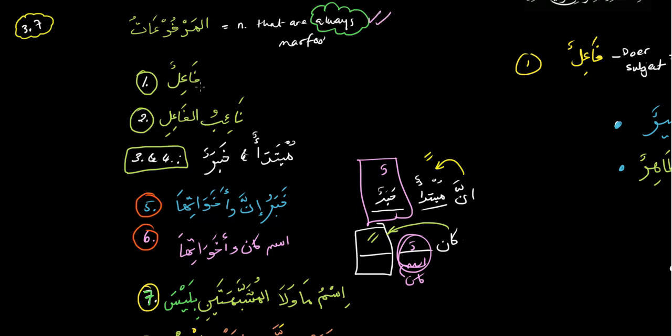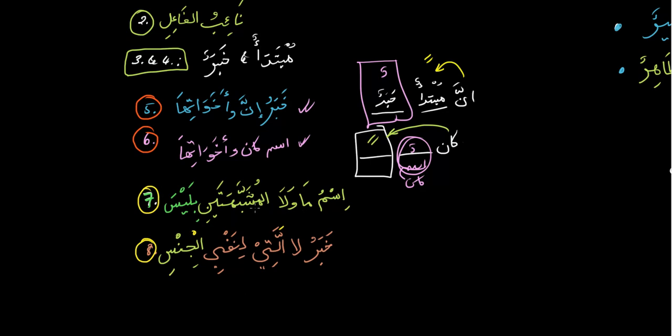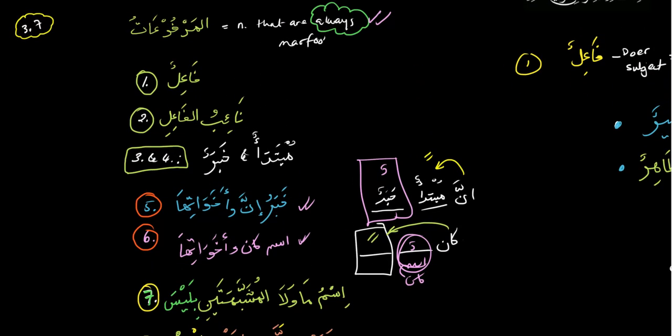Among them are fa'il, na'ib fa'il, mubtada and khabar, khabar inna wa akhawatuha and ismu kana wa akhawatuha, which we talked about in the previous chapters. And then ismu ma wala mushabbahataini bilaysa, and khabaru la allati li naf'il jinsi. This is what we're going to talk about in section 3.7. But today we talked only about the fa'il.